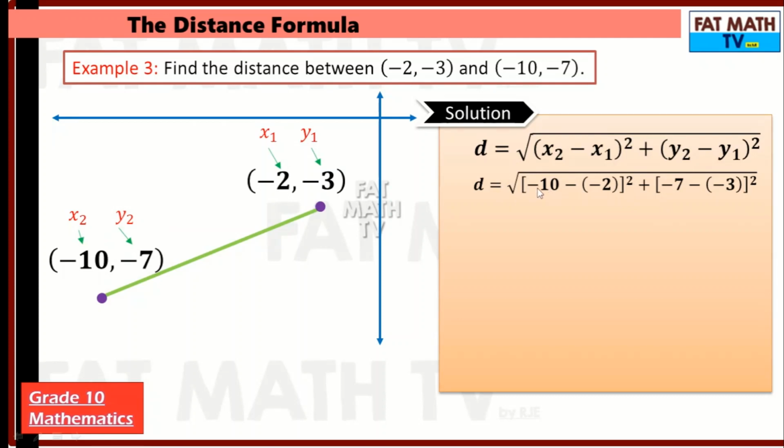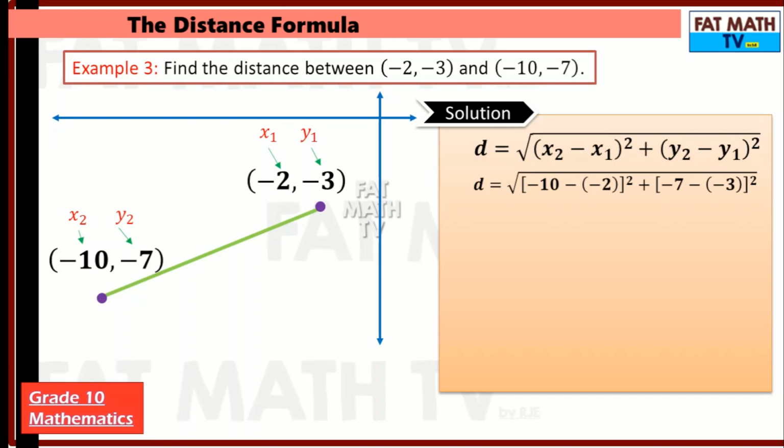What is negative 10 minus negative 2? Okay, in this kind of operations of integers, many get wrong in subtracting integers. So you have to be careful in this. So we follow the rule of addition in subtracting integers.